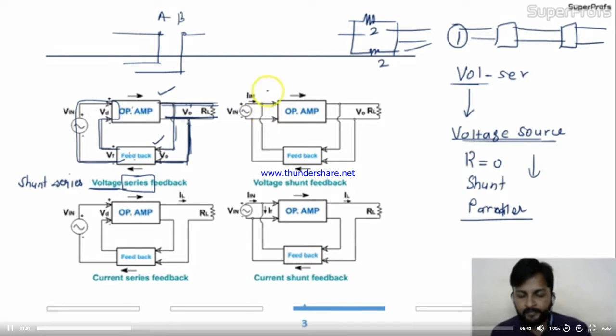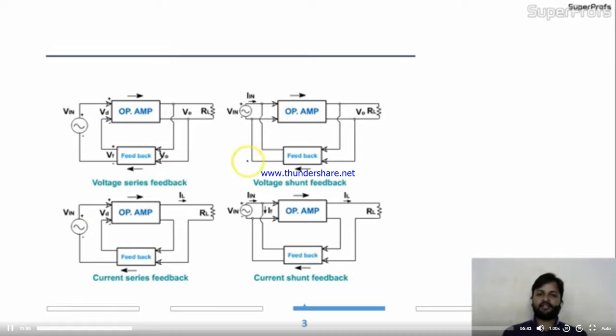Okay. Similarly, you can understand all of this. Voltage shunt means at the output stage you have shunt, and the input stage is also shunt, parallel. From the output also I'm taking parallel. At the input also I'm feeding this in parallel way. So this is voltage shunt.